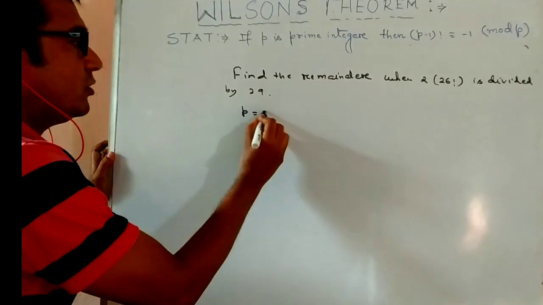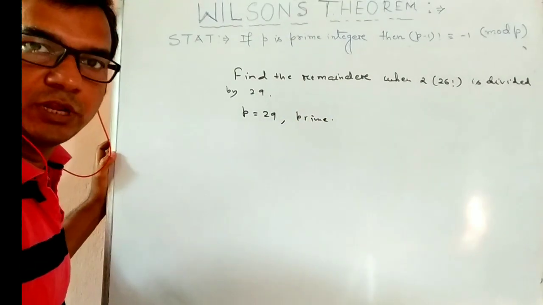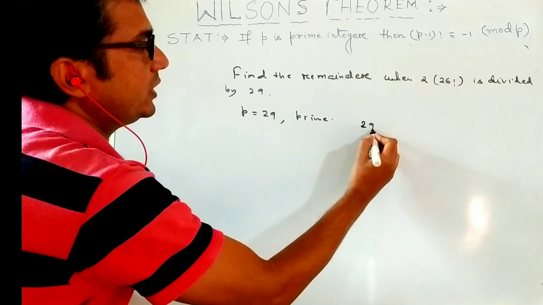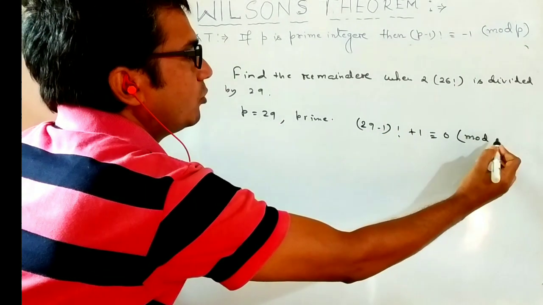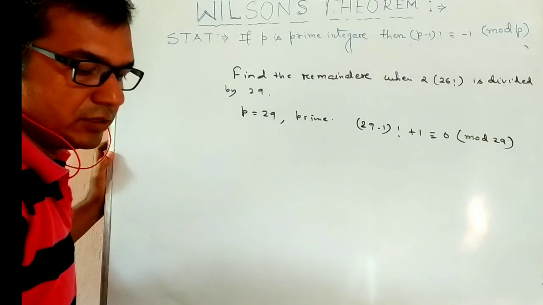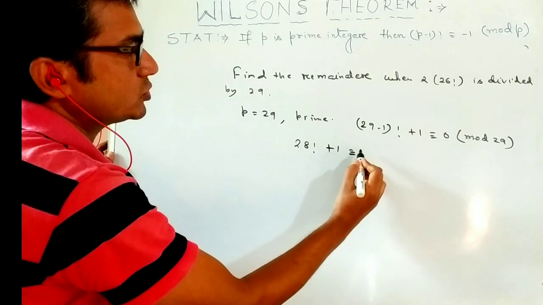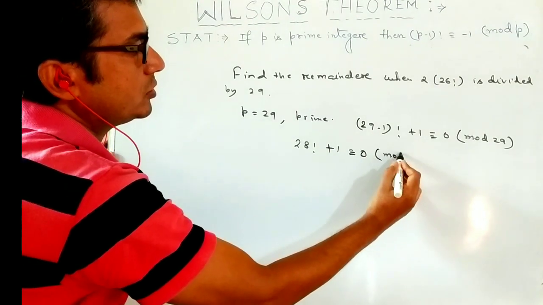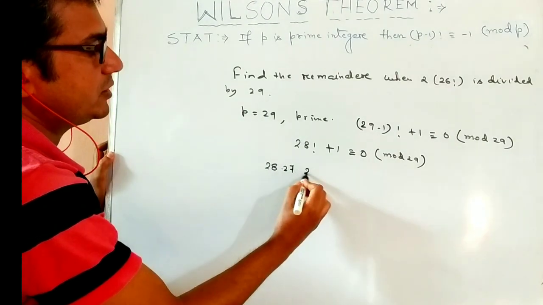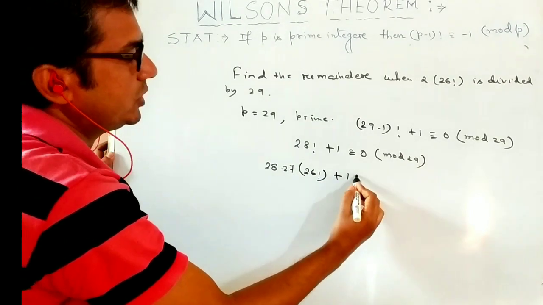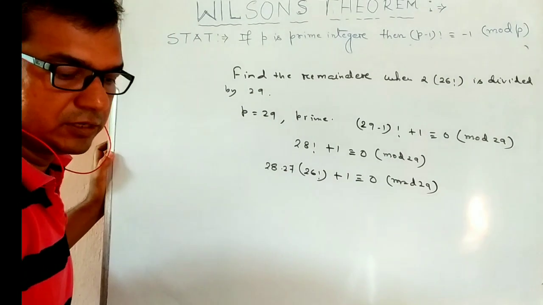Here p = 29 is prime. So by Wilson's theorem we get (29-1)! + 1 ≡ 0 mod 29, that is 28! + 1 ≡ 0 mod 29, that is 28 into 27 into 26! + 1 ≡ 0 mod 29. Right?